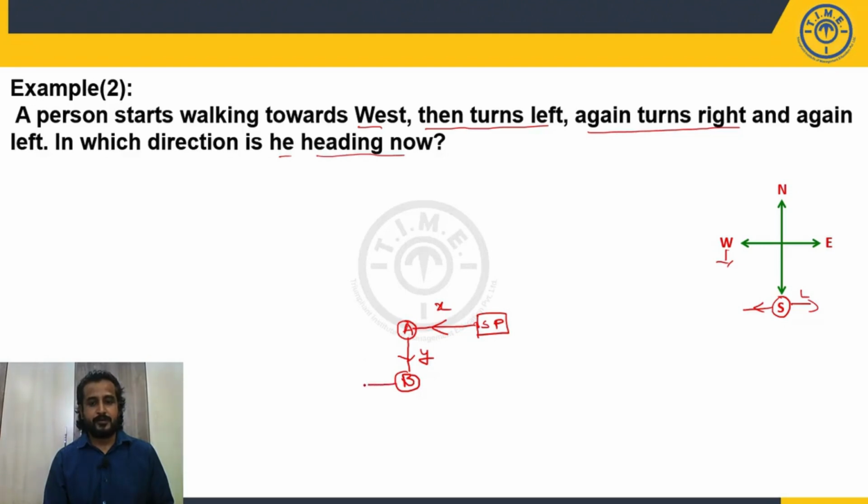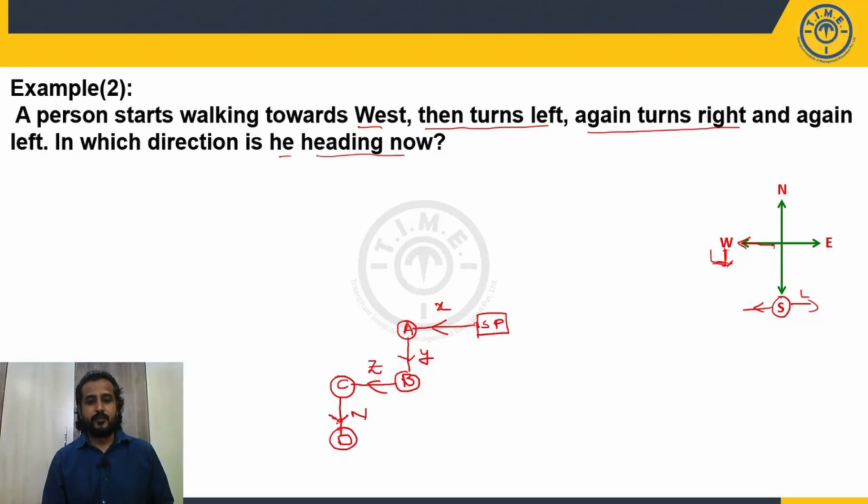So again he is moving towards west. Let's say he traveled z meters and reached point C. And again left. So he is moving towards west. What will the left hand side be? South. So again he is moving towards south. So he traveled n meters and reached point D.